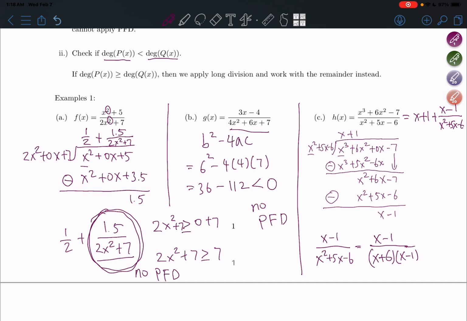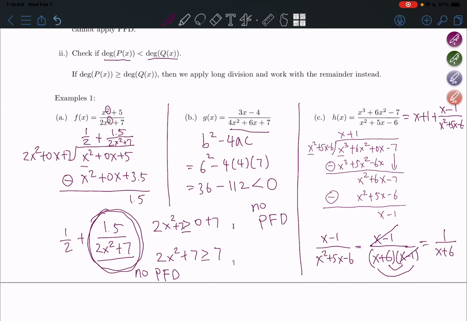Yeah, this is the right factor. So we got 6x minus x, so the 5x, right? So this is the right factor, but hey, look, we got lucky. We got a cancellation here. So we can go ahead and cancel these two, and we end up having 1 over x plus 6.